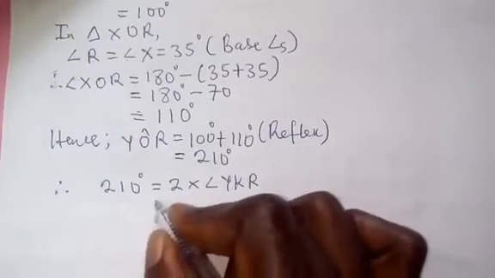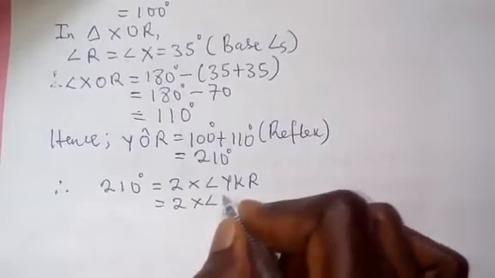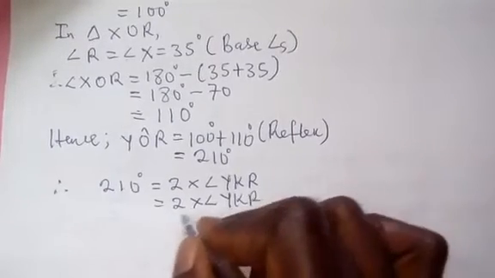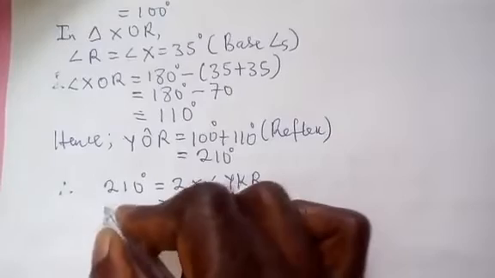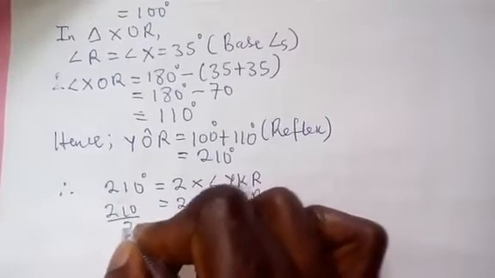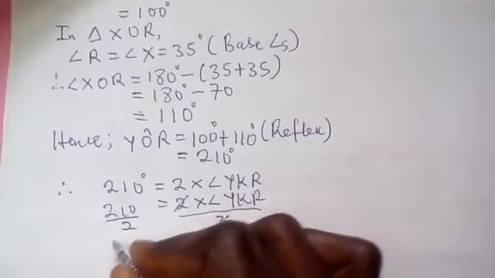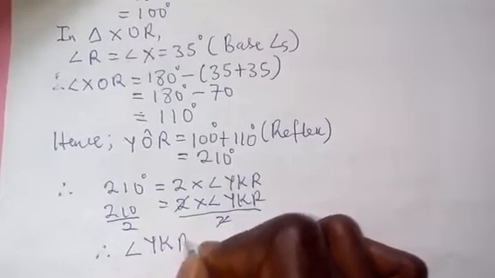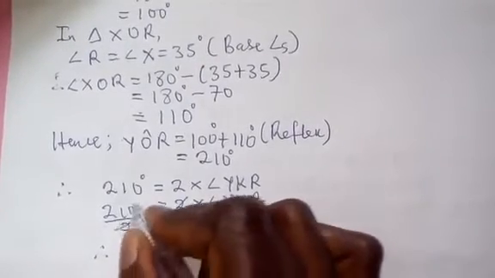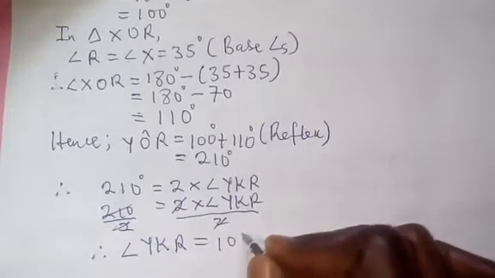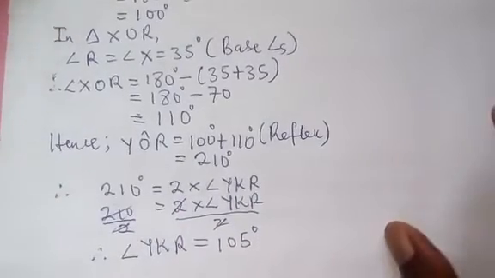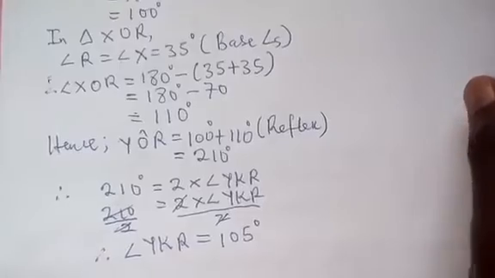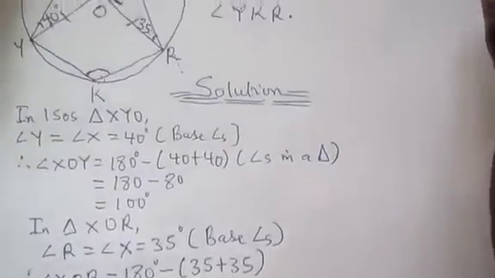Now if we divide both sides here by 2, 210 divided by 2, we are finally going to have the answer to angle YKR, therefore to become 105 degrees, and that is the answer to this question.